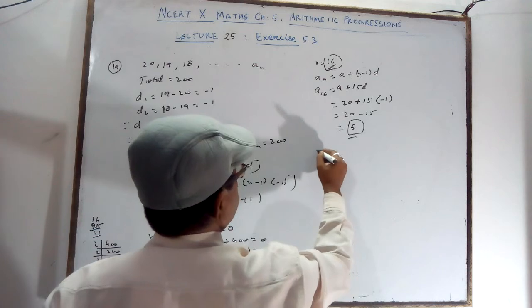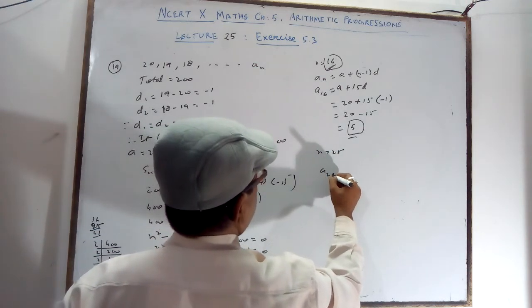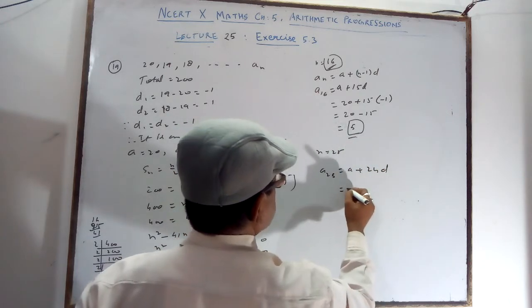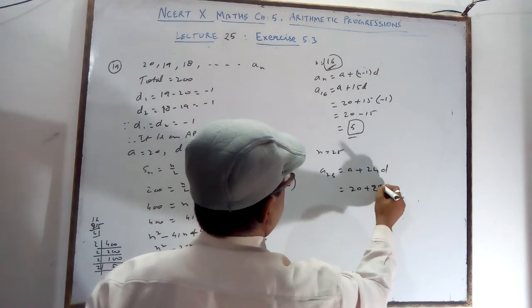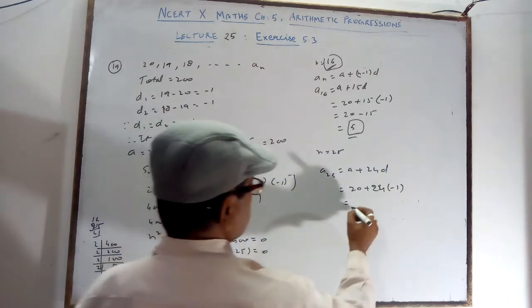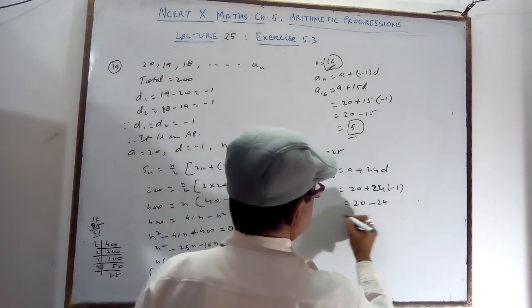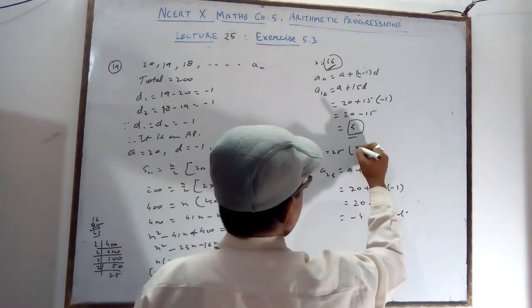But when n is 25, then a25 is equal to a plus 24d, which is 20 plus 24 into minus 1. So it gives 20 minus 24, a negative number, so reject it. Why reject?